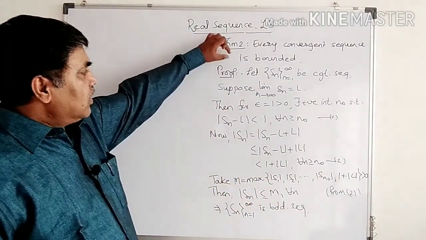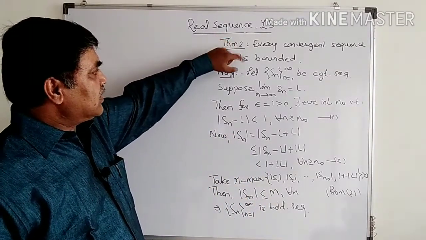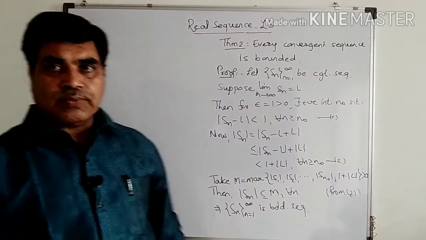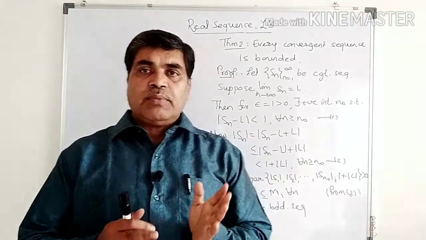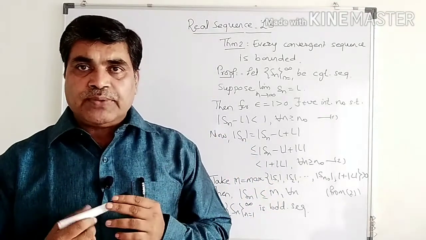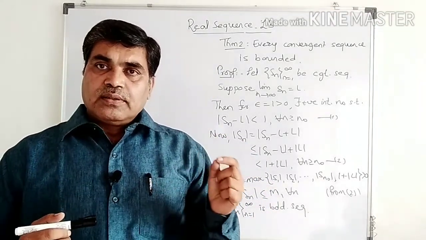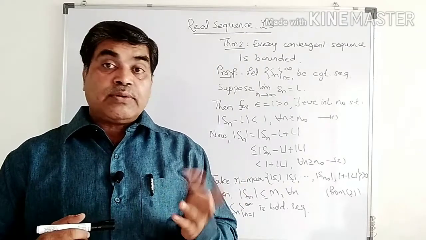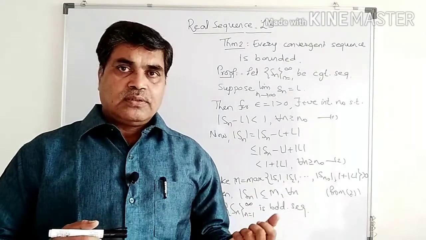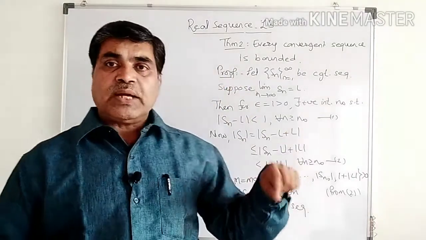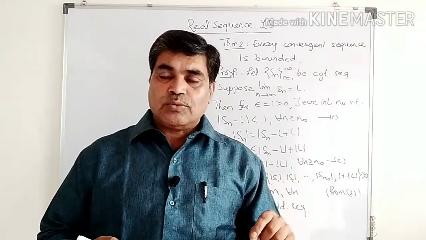So here we have to construct the simplest possible example of a bounded sequence which is not convergent. In the previous lecture I explained that minus 1 raised to n, n equal to 1 to infinity, is a divergent sequence, an oscillatory sequence. It has no limit, but its terms are minus 1, 1, minus 1, 1 and so on.